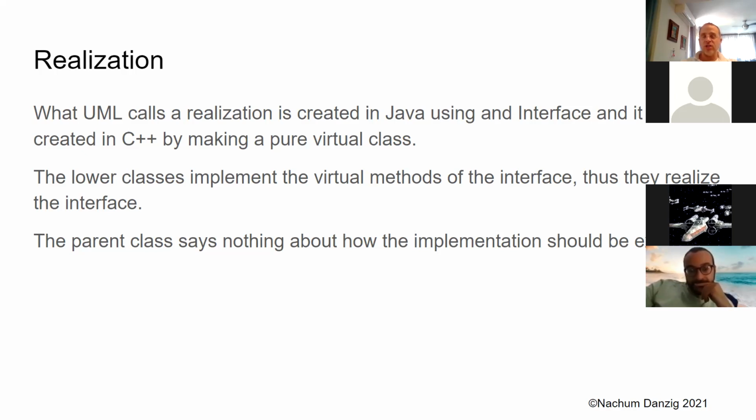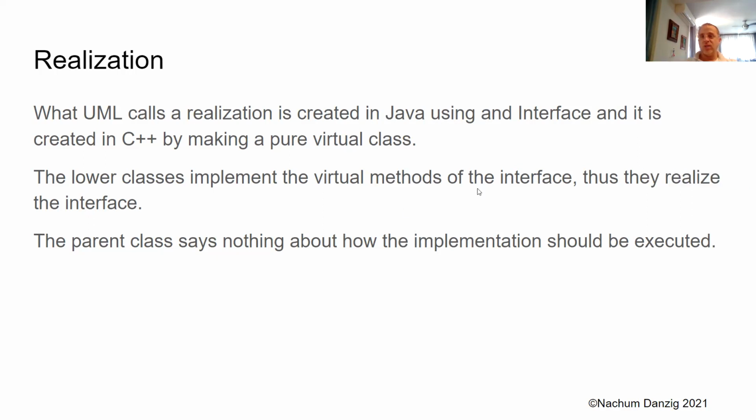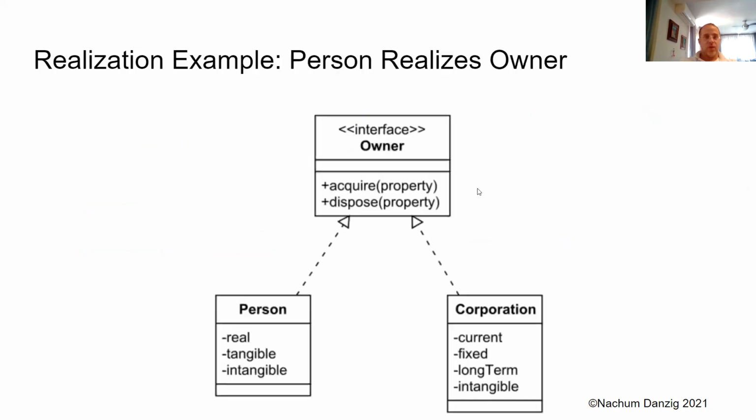In other words, the functions are just like signatures, and anybody who inherits from them has to fill them in. That's the same as a pure virtual class. The class's functions are completely unwritten, and therefore the person who inherits from them will have to do that. The parent class says nothing about how the implementation should be done. He just says what he wants the function to do.